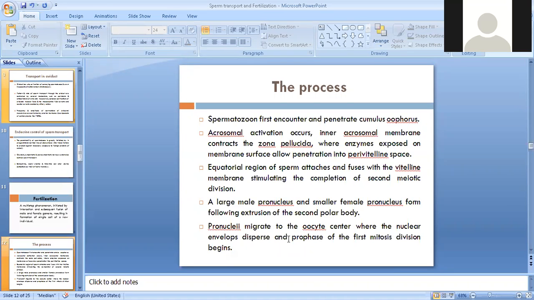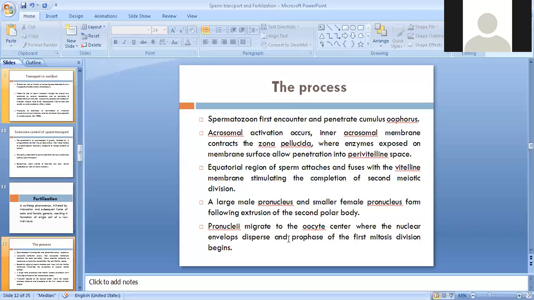There is activation of the acrosome of the sperm, and the inner acrosomal membrane contacts the zona pellucida of the ovum, where enzymes exposed on the membrane surface allow penetration of the sperm into the perivitelline space.